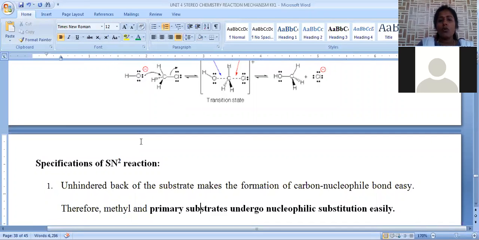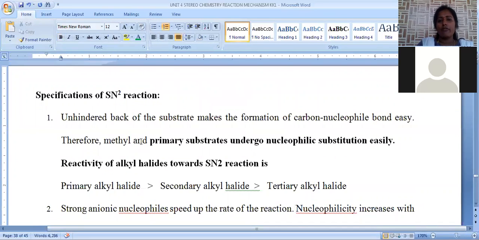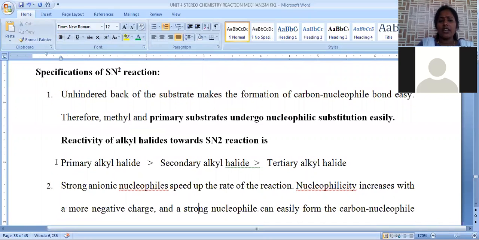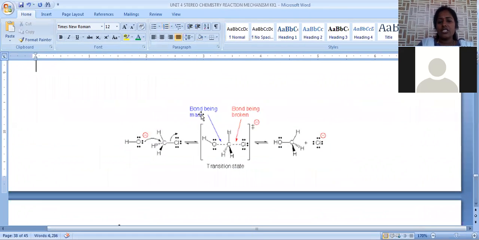Now let us see what the important specifications of the SN2 reaction are. SN2 reactions are more preferable with primary alkyl halides because of the transition state. If the carbon is surrounded by methyl groups, that is a tertiary carbon, the atomic number of carbon is 6 and it is a very small atom. A smaller atom cannot accommodate 5 big functional groups around it, because the actual valency of carbon is only 4.